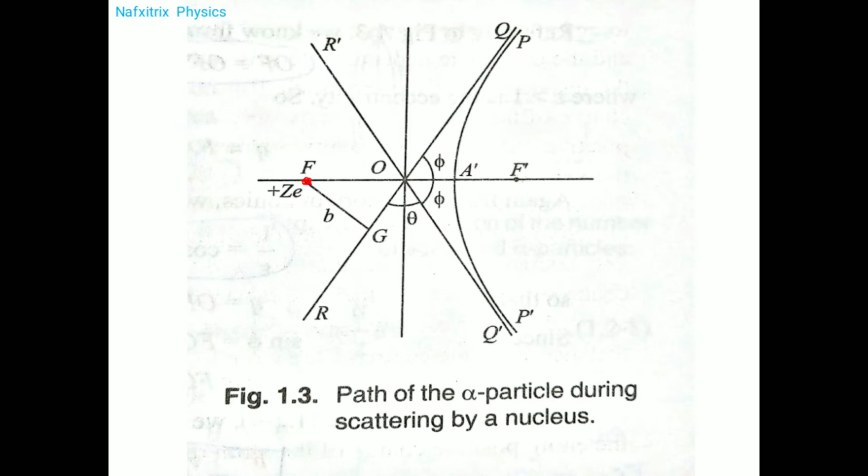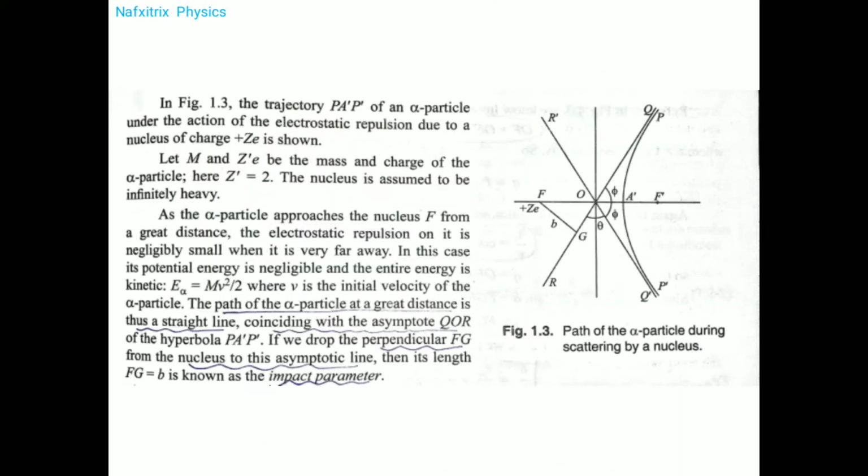The alpha particle is trying to approach in this direction, but it gets deflected in this direction. So this curved path is nothing but a hyperbola with its focus here. That's why it follows a hyperbolic path. We will study why it is following such a path.